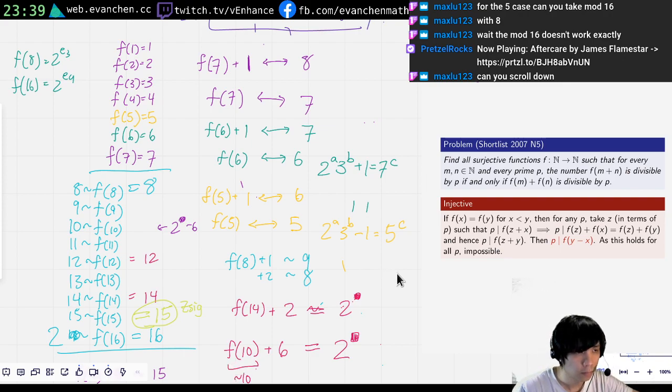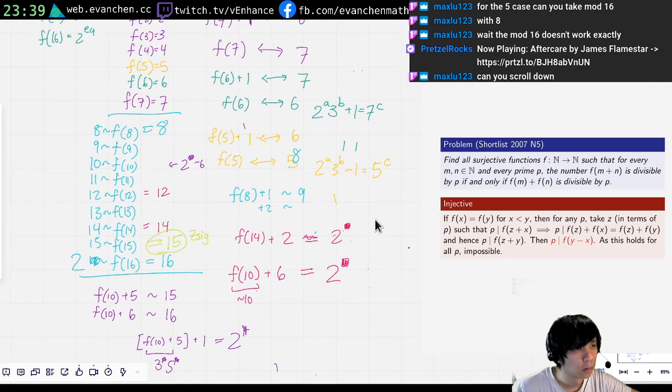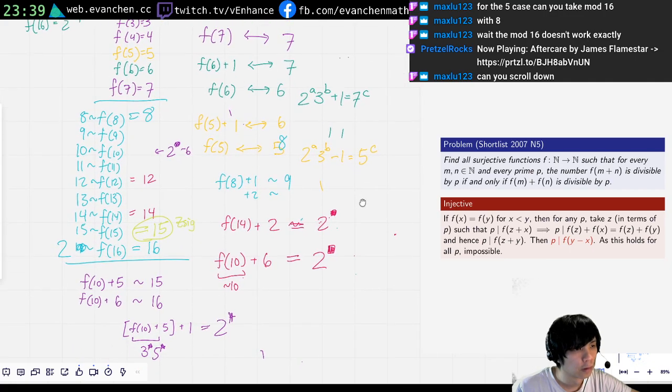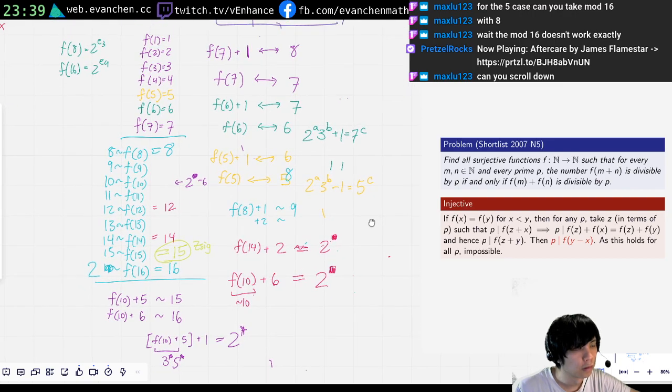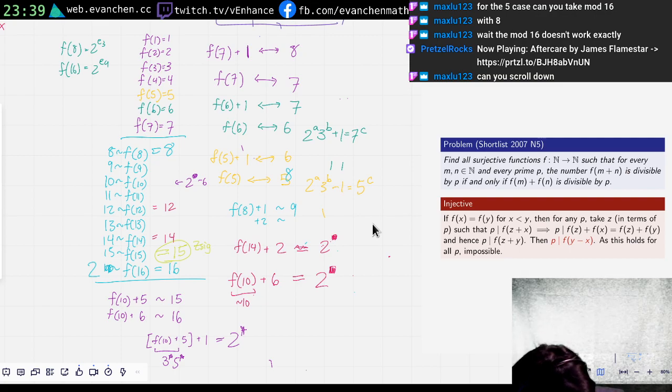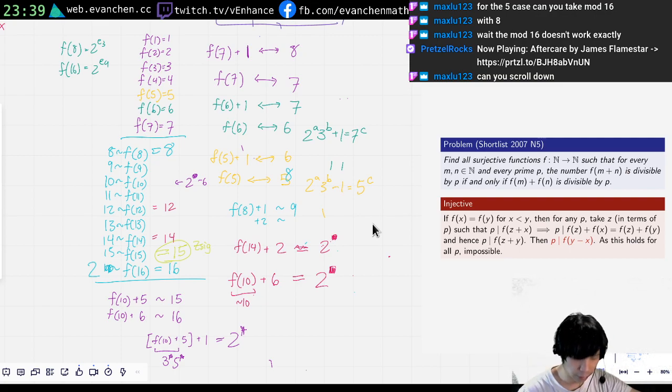Can I scroll? Yes. 3 to the 15. So I think that will actually solve it. The reason is I was jumping from powers of 2, but you can do it 2 steps away. My 15 and 16 are tied like this.